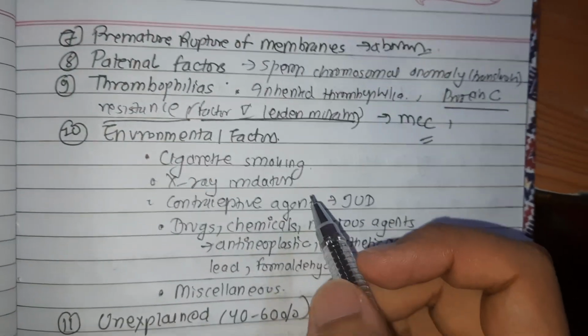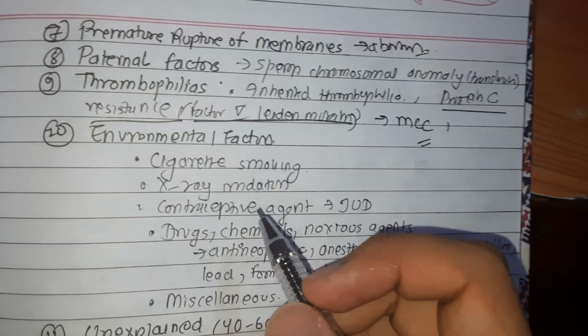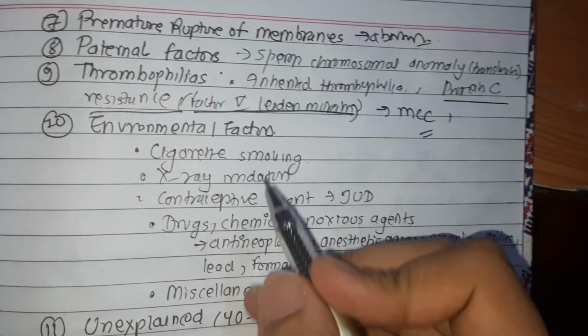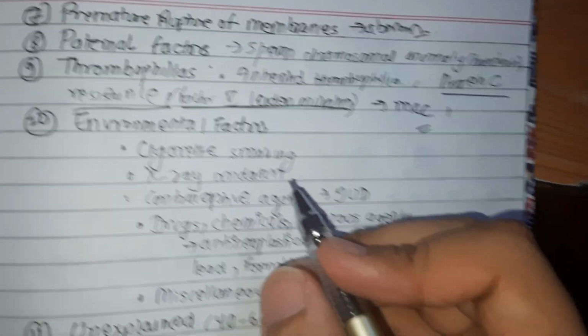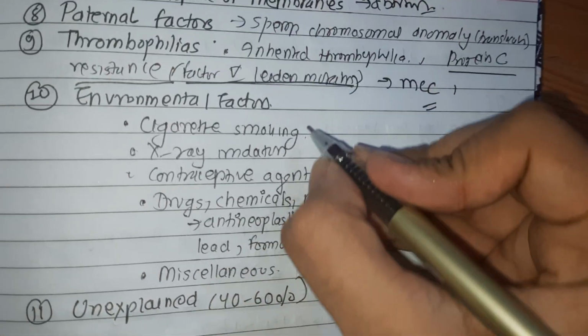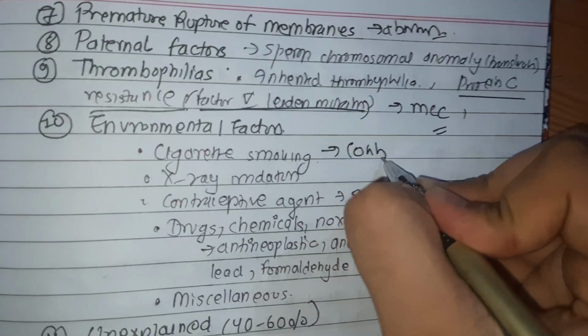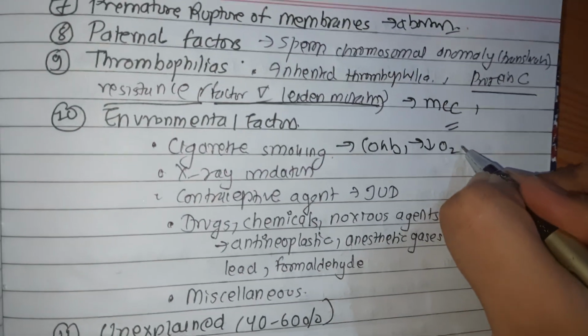And finally, we have various environmental factors related to abortion. For example, cigarette smoking increases the risk due to formation of carboxyhemoglobin, and that leads to decreased oxygen transfer to the fetus.